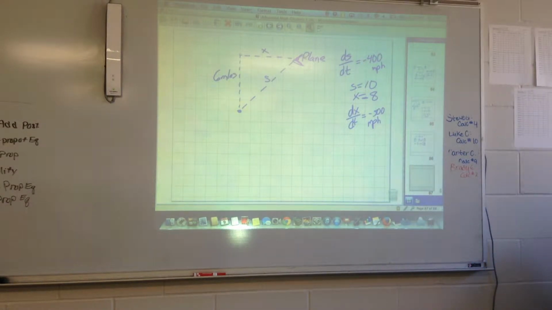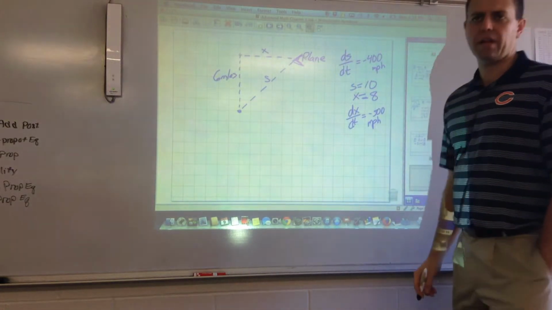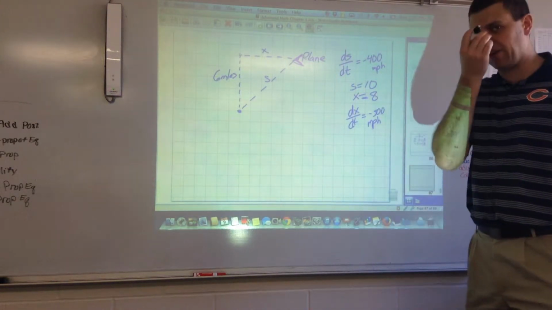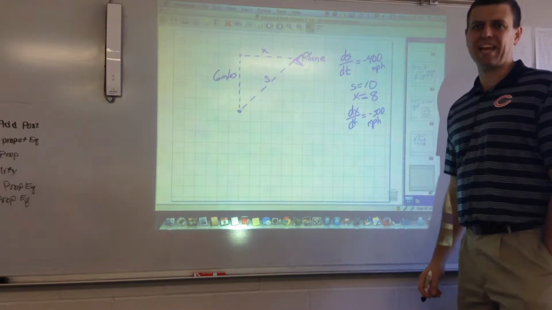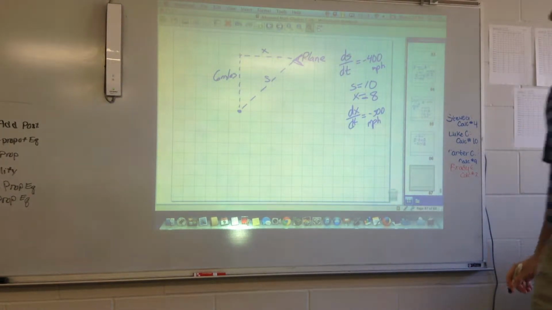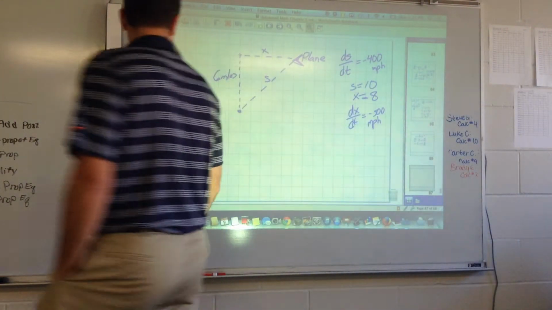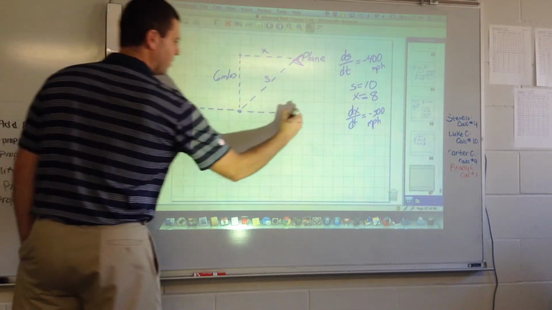All right. So I'm going to change the question here to how fast is the angle of elevation from the ground to the plane changing? Here's our ground.